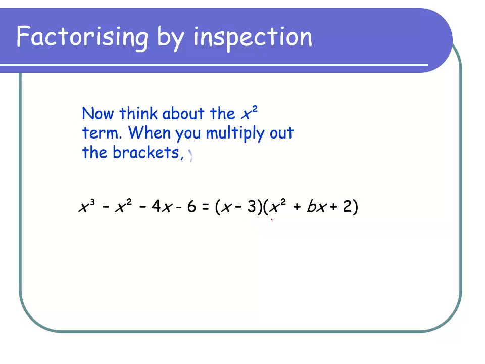Now let's think about the x squared term here. We've got -x squared here, so -1 is the coefficient of the quadratic term on the left hand side. When we multiply out these two sets of brackets, we will end up with two x squared terms.